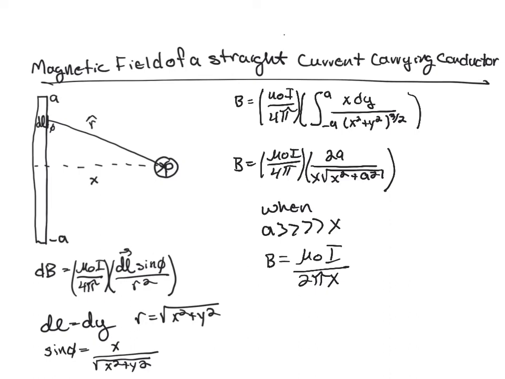So if we have a wire where the current is going out of the page, then our magnetic field lines are going to loop around counterclockwise.